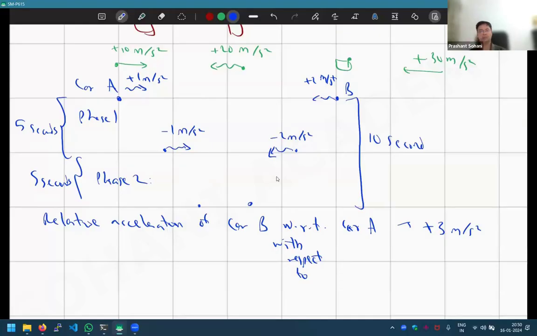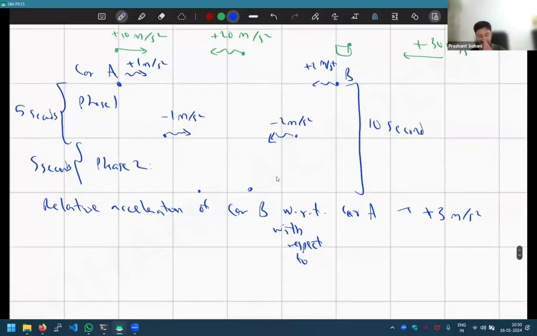So under this situation, can we calculate how much the distance between them is going to change? See, initial velocity is 0 in both cases. Velocity is 0 here also, velocity is 0 here also. So if we apply the formula s equal to ut plus half at square, where the initial velocity is 0.